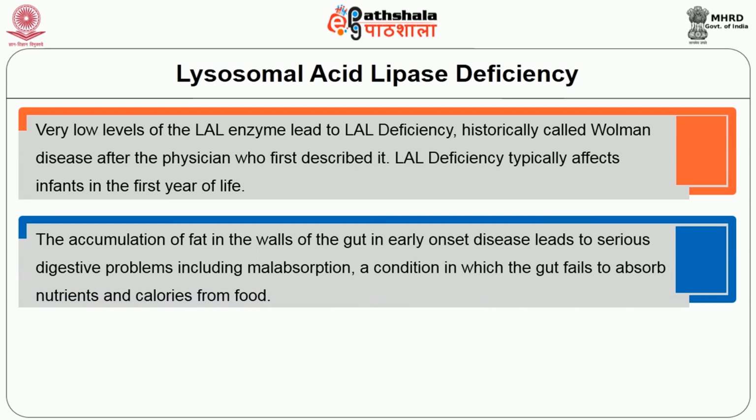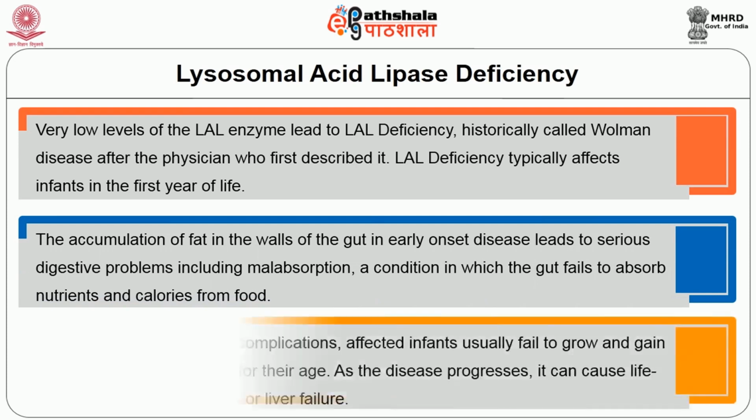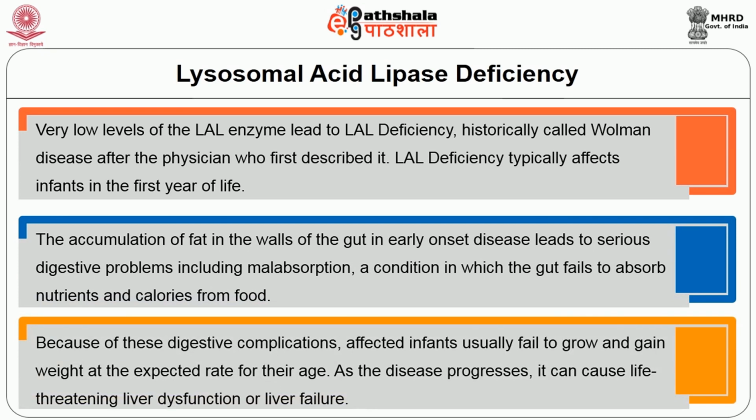That's a condition in which the gut fails to absorb nutrients and calories from food. Because of these digestive complications, affected infants usually fail to grow and gain weight at the expected rate for their age. As the disease progresses, it can cause life-threatening liver dysfunction or liver failure.